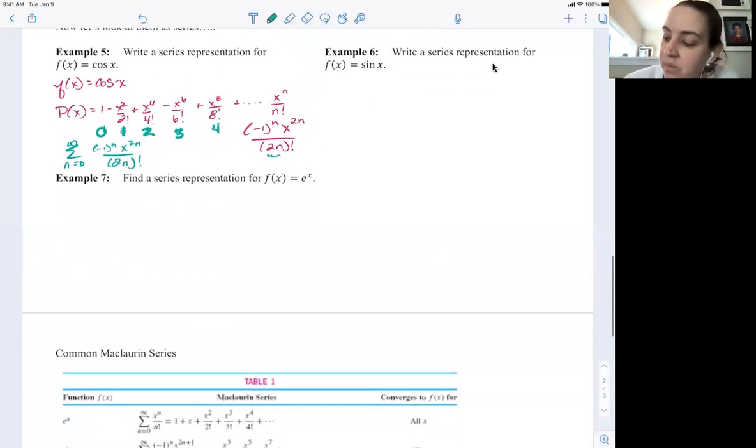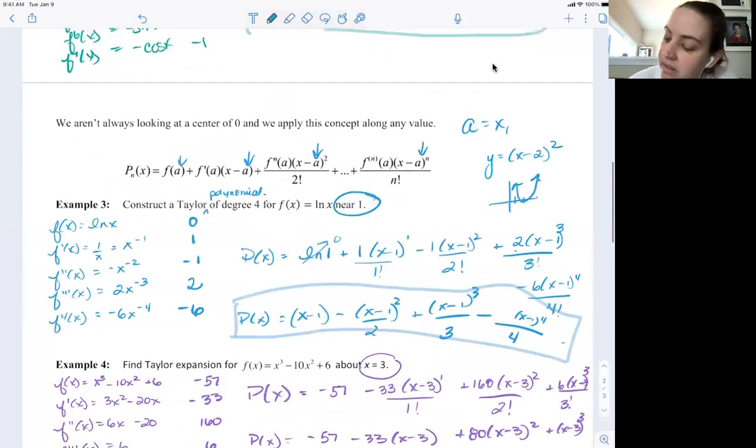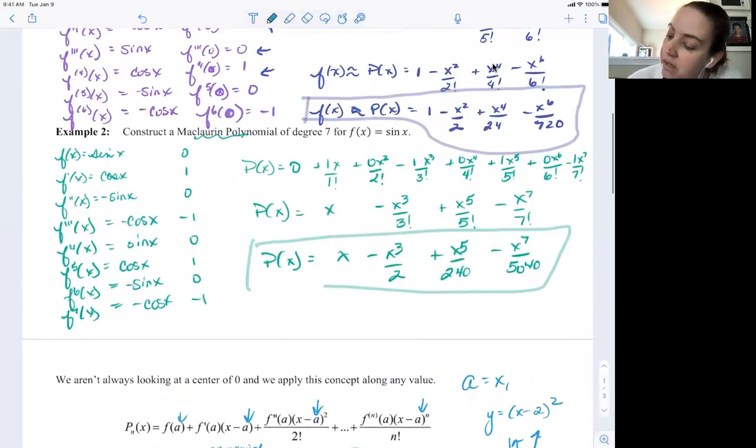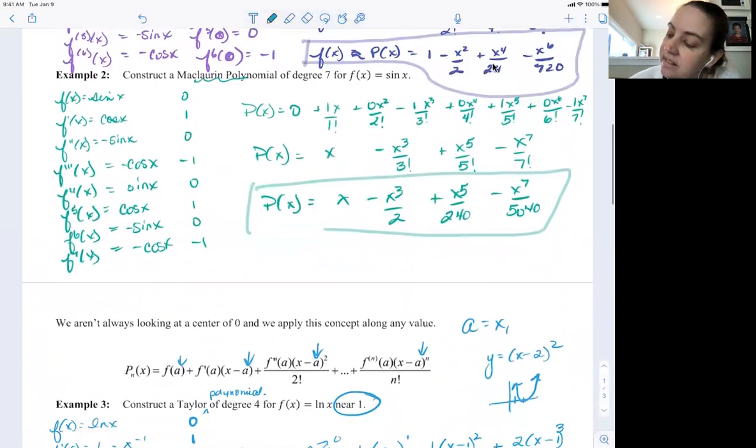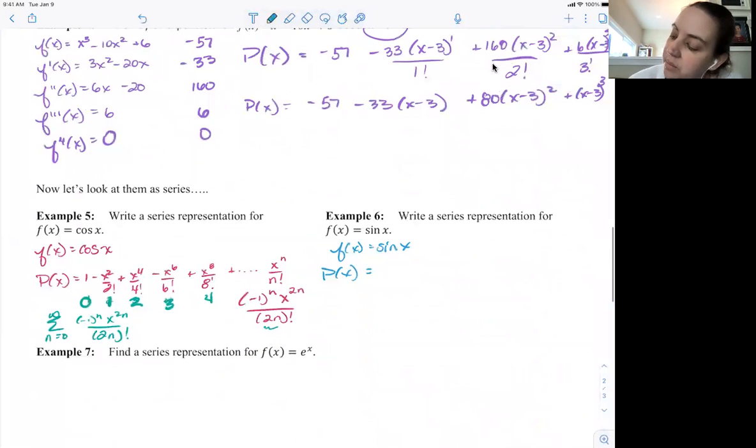Now for sine, it was just the opposite. If f of x equals sine of x, my polynomial, and again, we already did the work for this, starts out with 0. So we have an x minus x cubed over 3 factorial plus x to the 5th over 5 factorial minus x to the 7th over 7 factorial plus x to the 9th over 9 factorial.